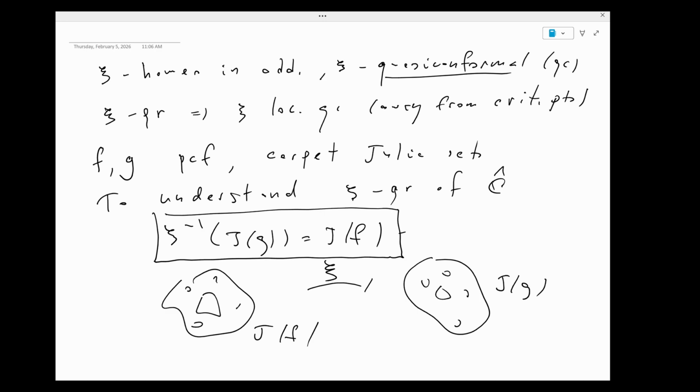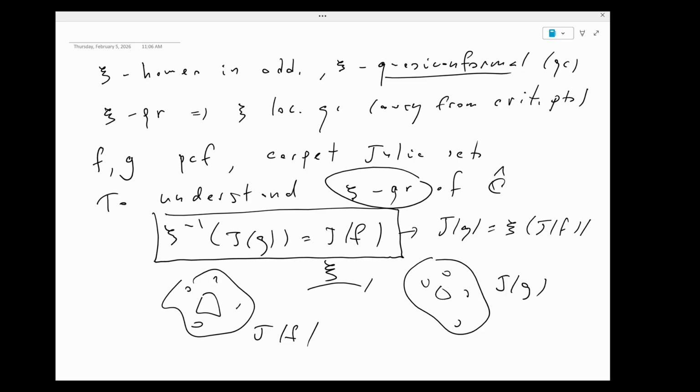In particular, this implies that J of G equals C of J of F, but it's a bit stronger. I just want carpet to go to carpet, and also the pre-image of a carpet is a carpet. C is quasi-regular.